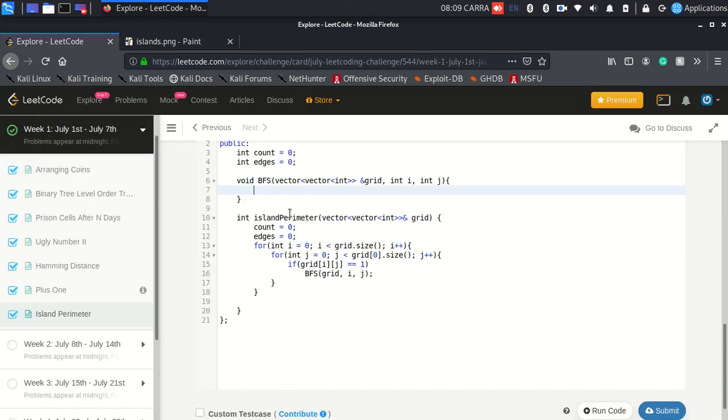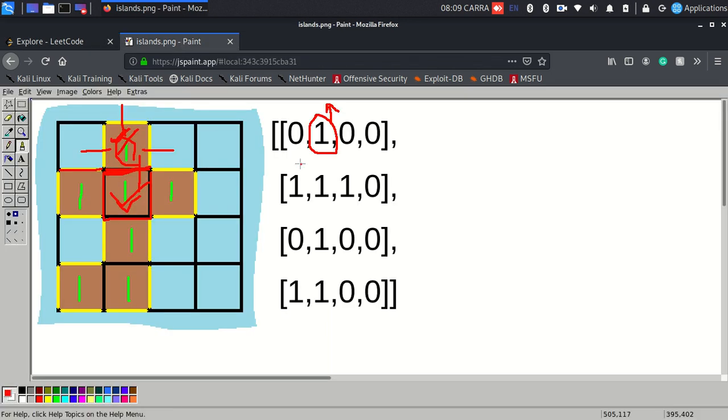So I'll check if i is less than 0 or i is greater than or equal to grid dot size, or j is less than 0, or j is greater than or equal to grid 0 dot size, or what are the different conditions. I would not run bfs on an island which has already been traversed.